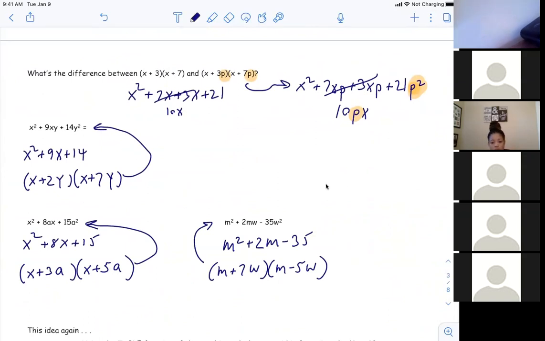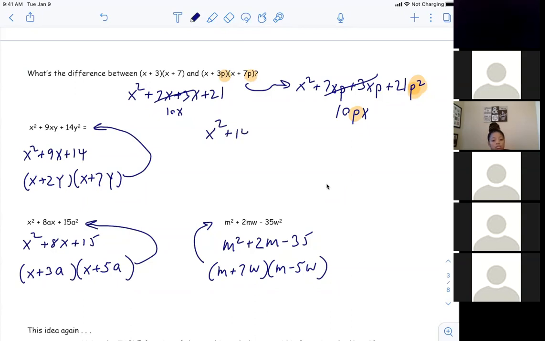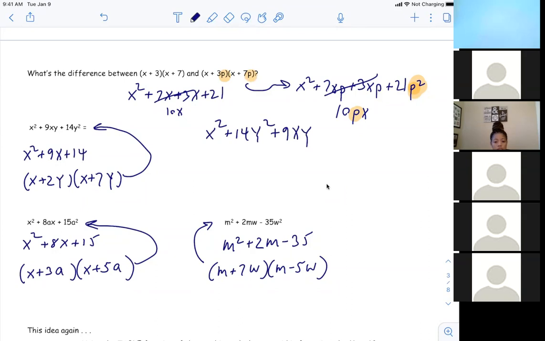My question was, earlier you had stated that normally when we want to rebuild the equation into a familiar format, we do the exponents descending. Oh, very good. And I was curious, how do I catch it, so you don't do this, x squared plus 14y squared plus 9xy?